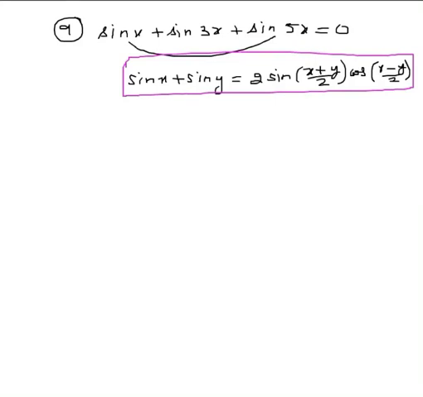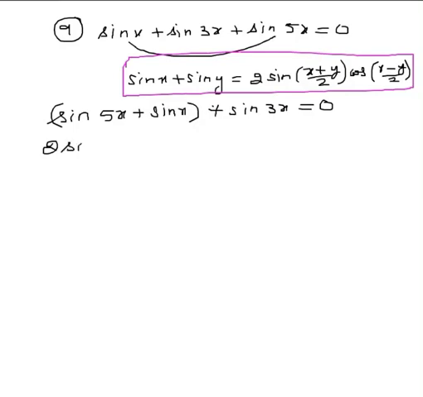So sin x plus sin 5x. I can write bigger number. I will write sin 5x first to avoid negative sign, plus sin 3x equals 0.